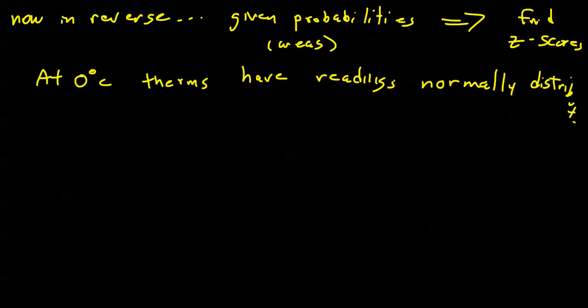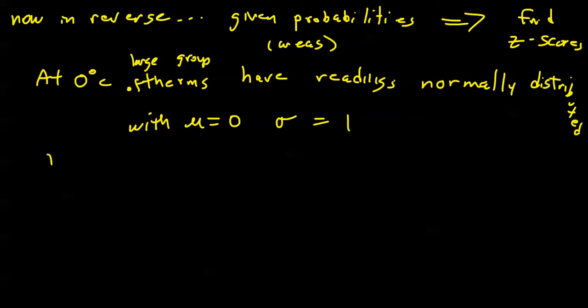At 0 degrees Celsius, a large group of thermometers have readings that are normally distributed, again, with a mean of 0 degrees Celsius and a standard deviation of 1 degree Celsius. Alright, here's the real deal here.